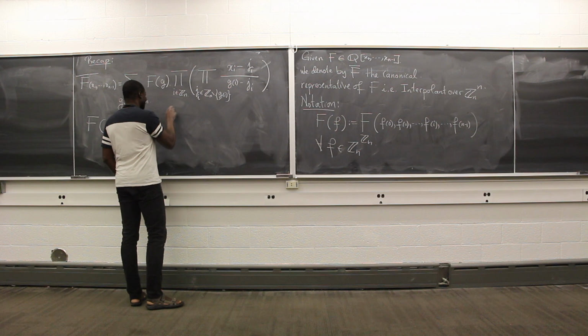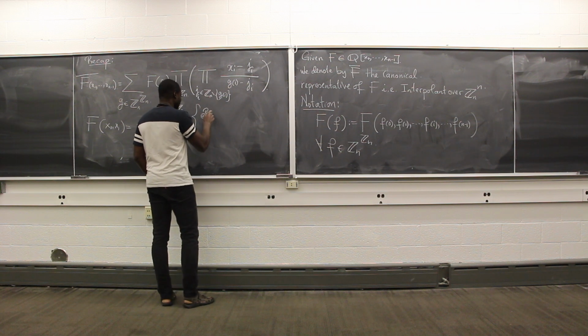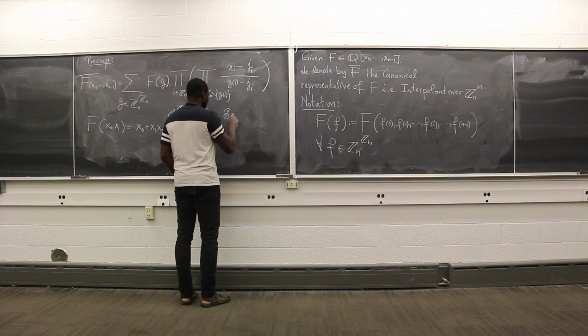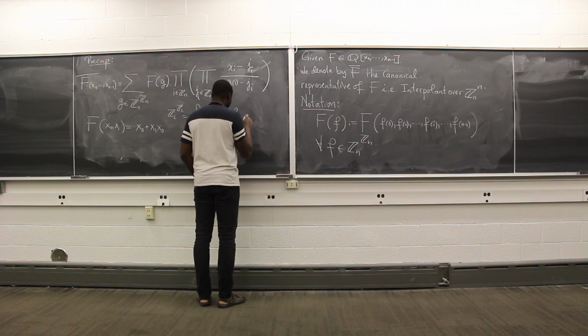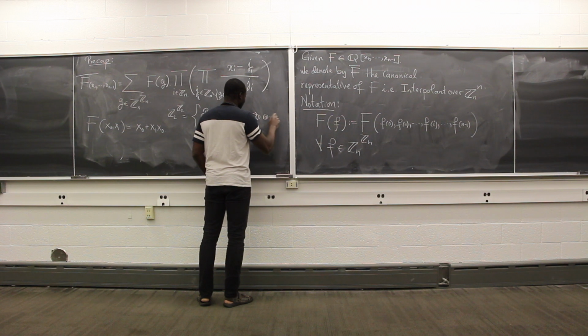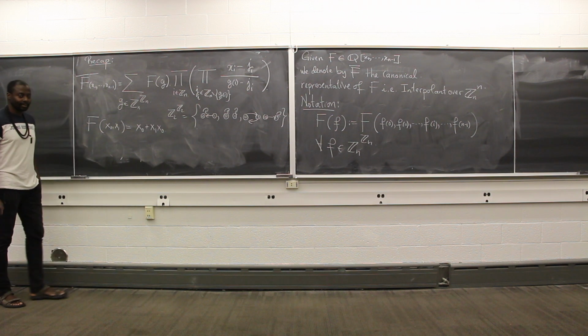So remember, we said that Z2 to the Z2 has 4 members. The first one was this. The second one was the identity. The third one was the transposition. And the last one was the identically constant function. If you order them lexicographically, these are your functions. Okay, all right.